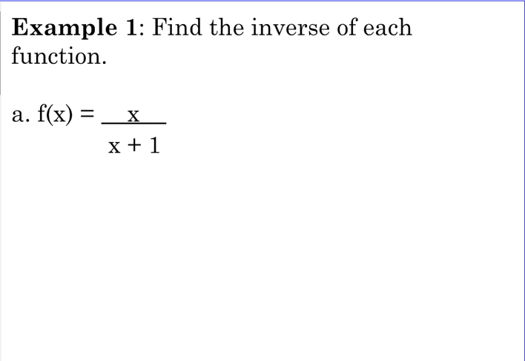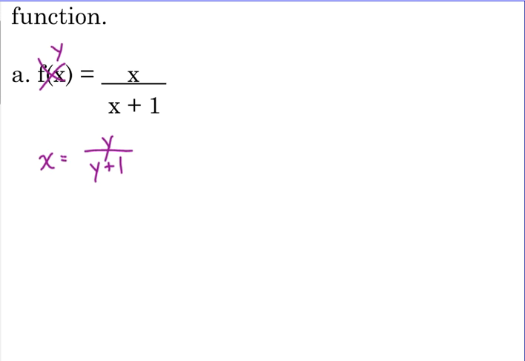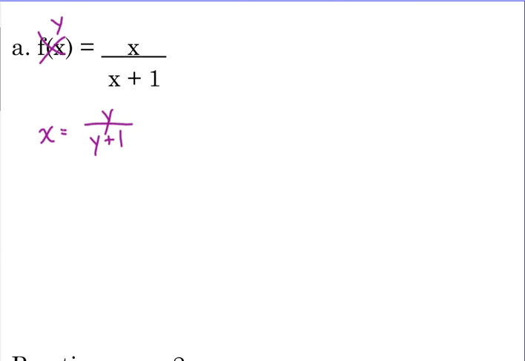Okay, so let's find the inverse. We start with f of x. I'm just going to mark that out, put a y. Now, I switch x and y. So I've got x equals y over y plus 1. Now, here's the fun part. I have to try and get y by itself.